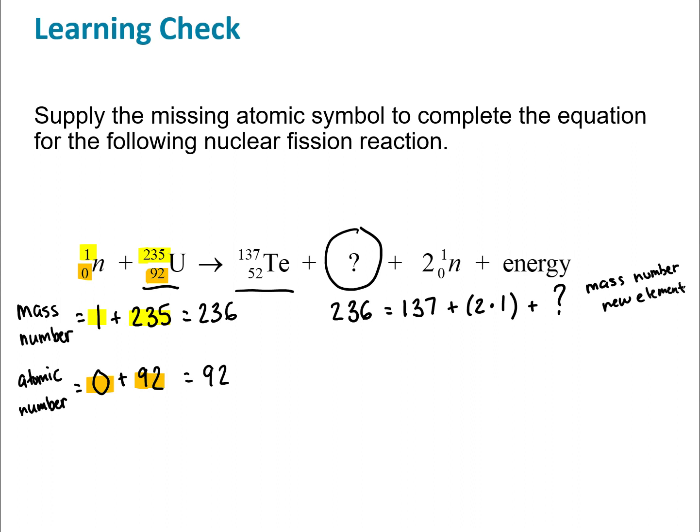And then we have a question mark for our new element. We have to do the same thing for the atomic number. We know it equals 92. We've got 52 from the element that we already know is formed. And then we know we've got this mystery element that we form.